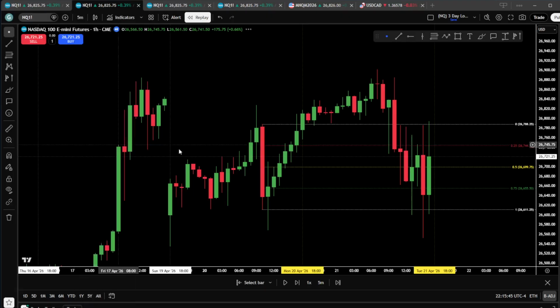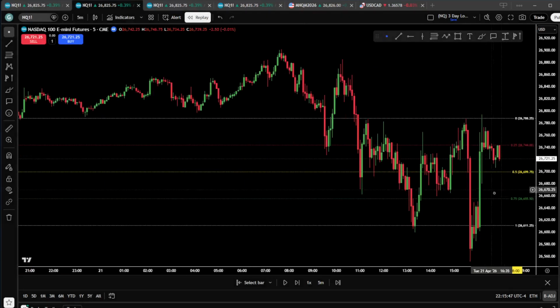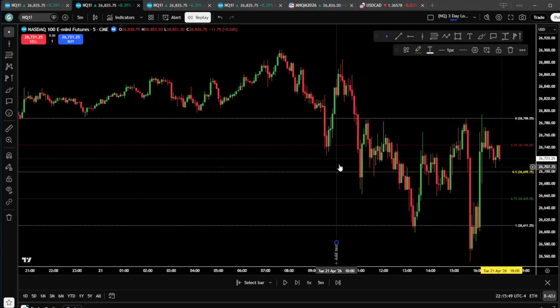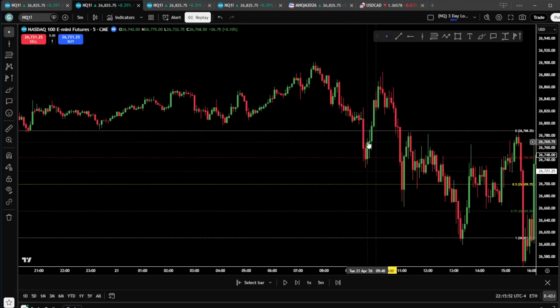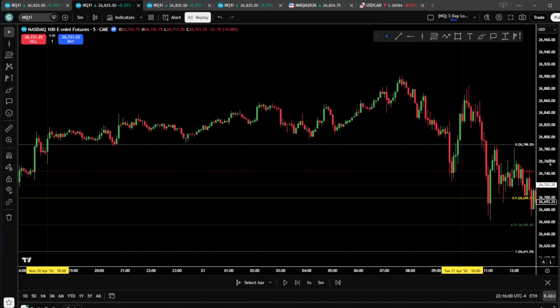So we can go down on the 5-minute chart and look at the session profile starting from 10 a.m. But we'll analyze also the opening range to understand where we are inside the 10 a.m. open and what its price is doing.